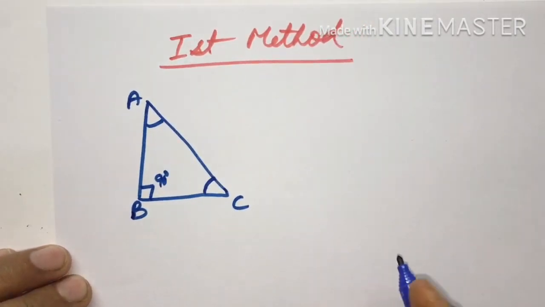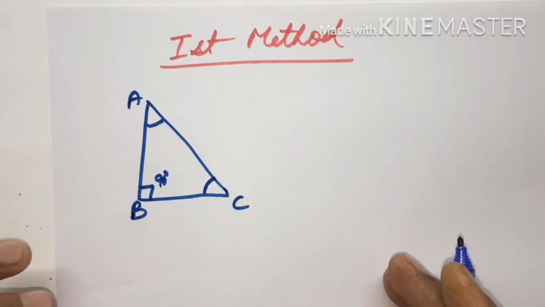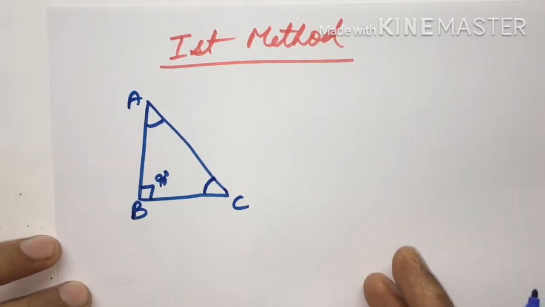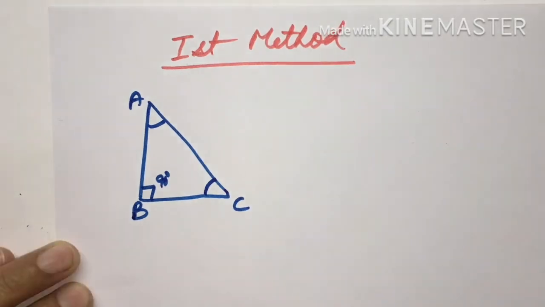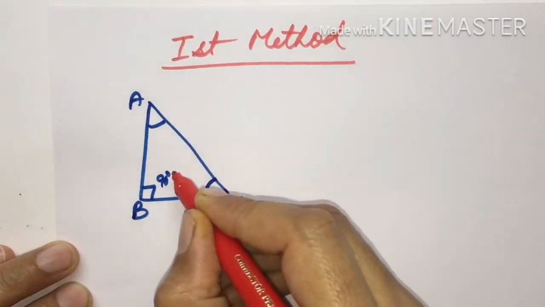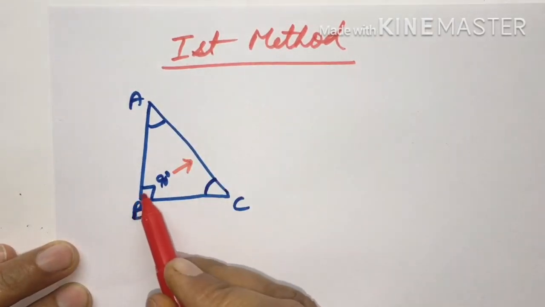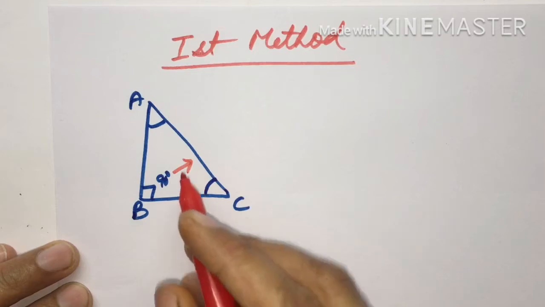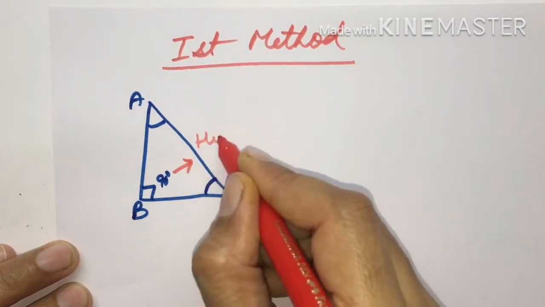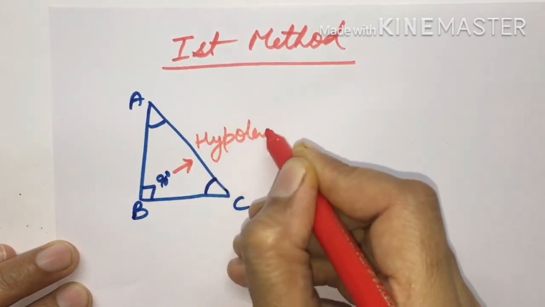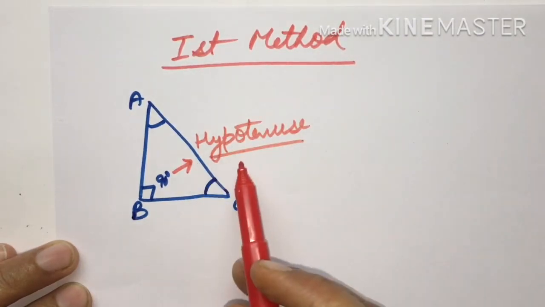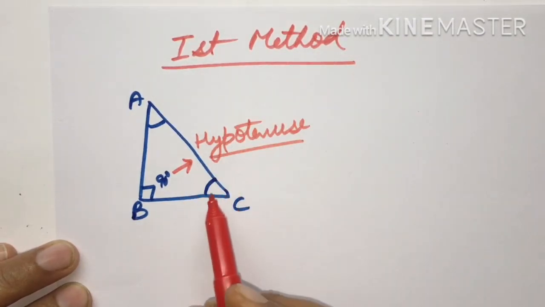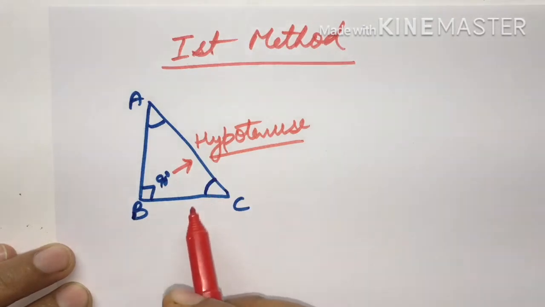First you should know which side is hypotenuse, which is adjacent, and which is opposite. Always remember, the opposite side of 90 degrees will always be the hypotenuse. This is the hypotenuse.